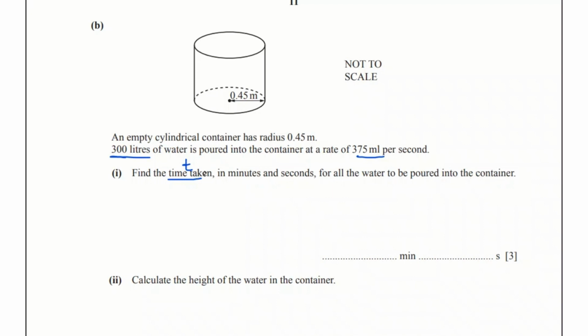So you have to find out how much time it takes to pour 300 liters of water into the container at a rate of 375 milliliters per second. So what we are going to do over here is, firstly we will convert 300 liters into milliliters. So our first step is going to be conversion of 300 liters into milliliters.